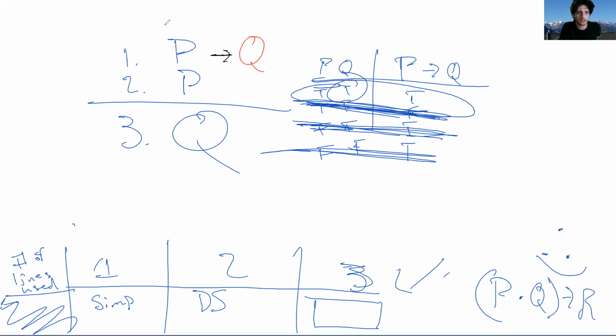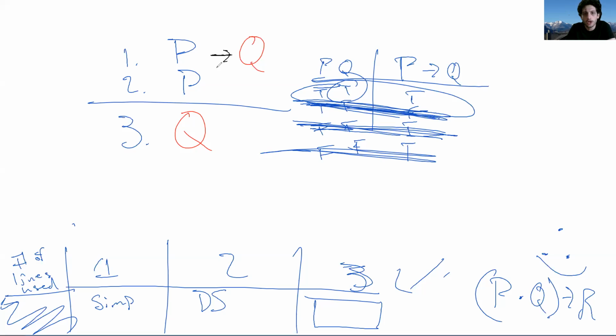So let me go ahead and write that in the color, because a lot of people get lost on when you can actually do modus ponens because of how complicated the sentences get. The important thing is understanding it's just about the structure.